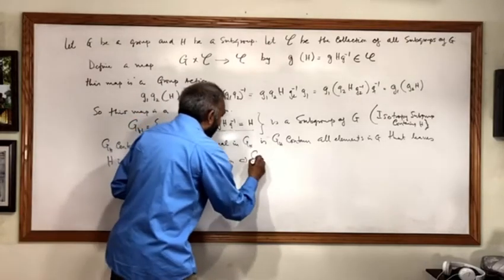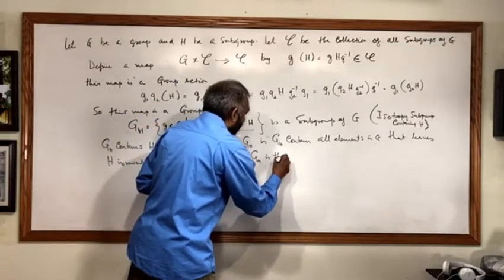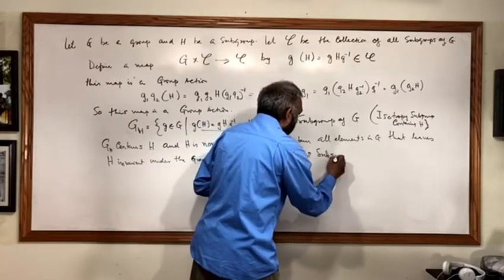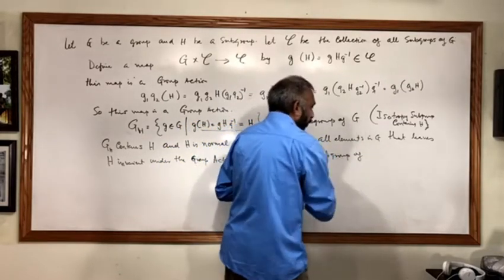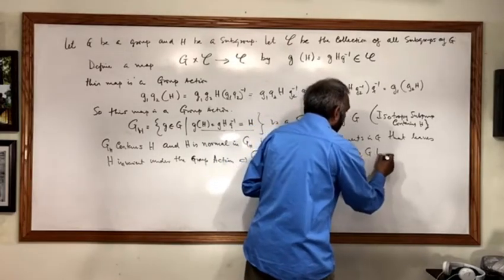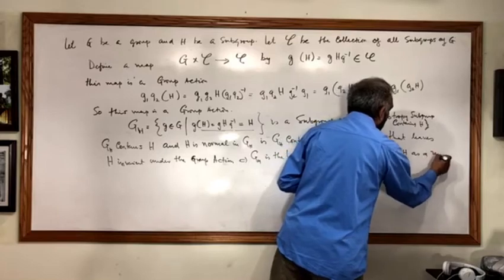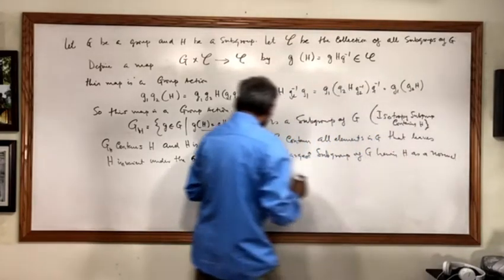This implies G_H is the largest subgroup of G having H as a normal subgroup.